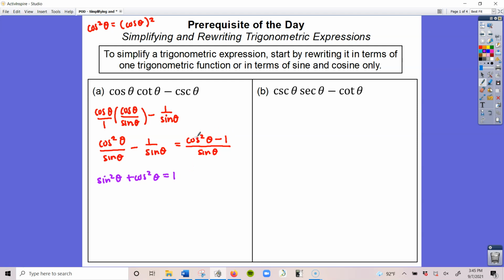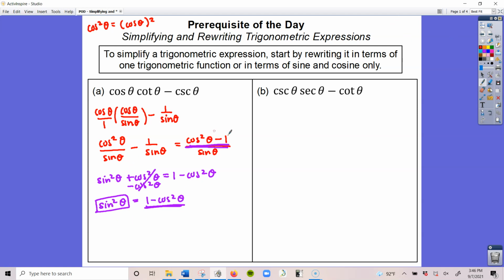Now, if you look here, cosine squared theta minus 1, if I use my Pythagorean identity and subtract cosine squared theta, I get that sine squared theta is equal to 1 minus cosine squared theta. So sine squared is equal to this, which means I can replace this part here with sine squared. So let's try that.